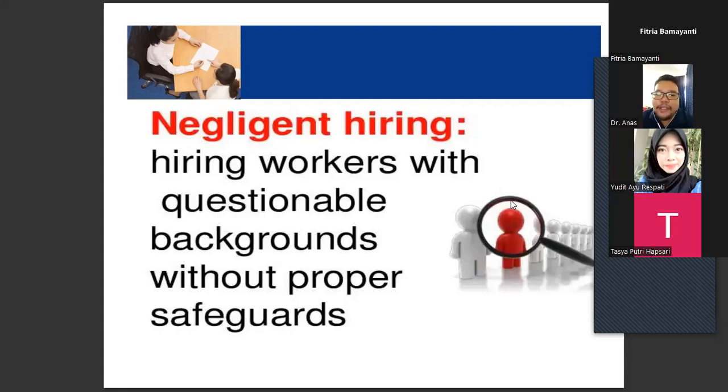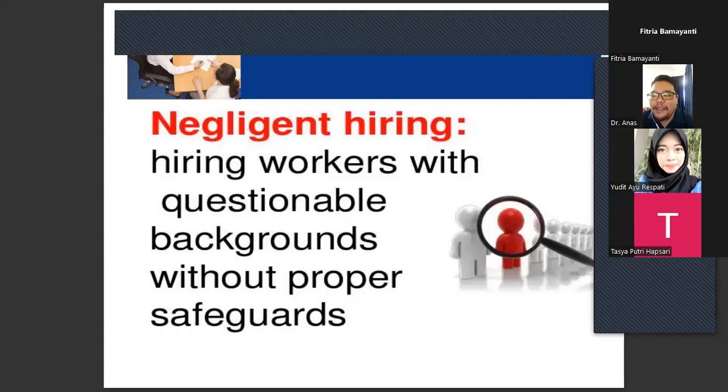I don't know about other places, but in Malaysia it is done through connections, like family connections or family quotas, siblings, or maybe neighbors. So this is without proper selection and without proper recruitment.